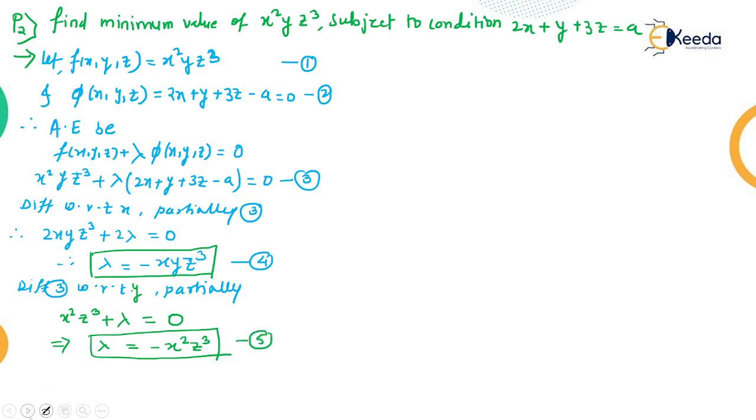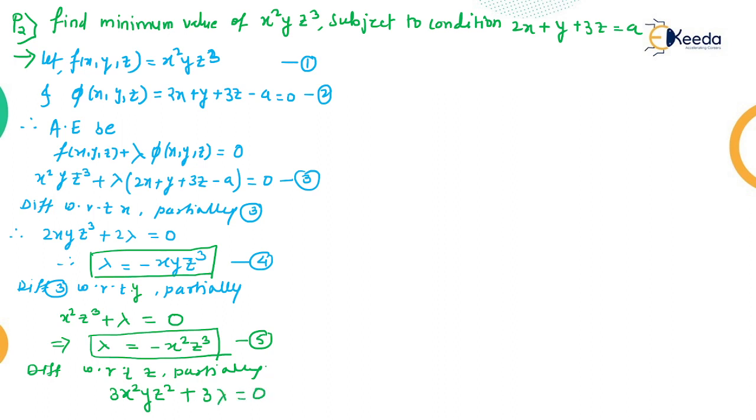Again we differentiate equation 3 partially with respect to the next variable, z. We get x²y, which is constant, times the derivative of z³, which is 3z², plus 3λ, equal to 0.